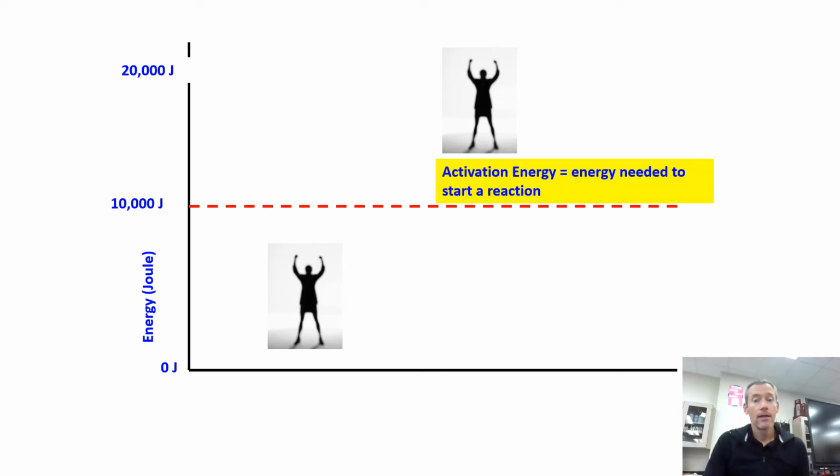To get above the 10,000, you need something called activation energy. Think of being active. You activate yourself, and that is the energy to start the reaction. So activation energy is the energy needed to start a reaction. If you're below that number, you need energy up. If you're above that energy level, you have energy.